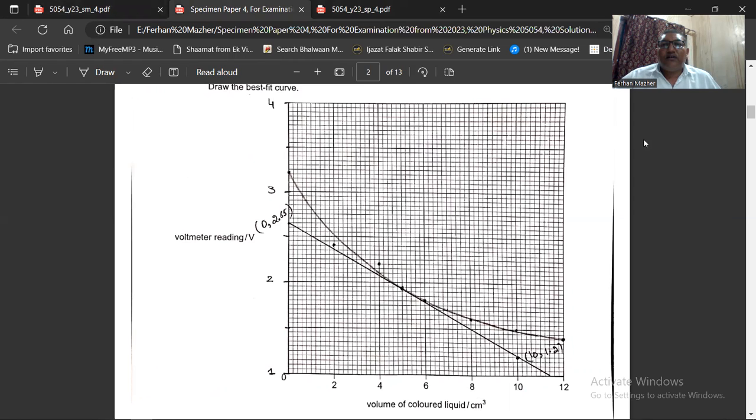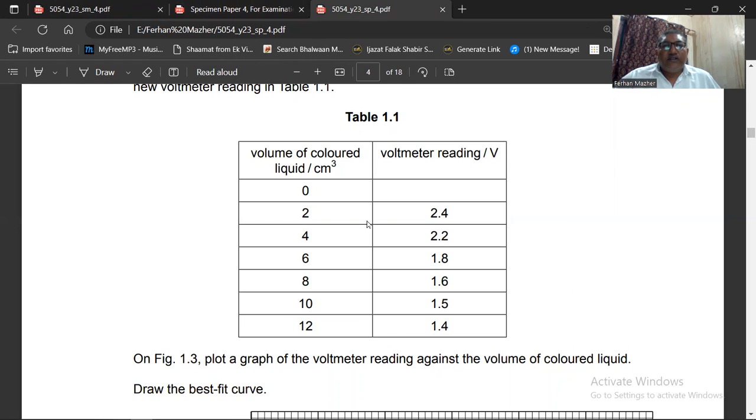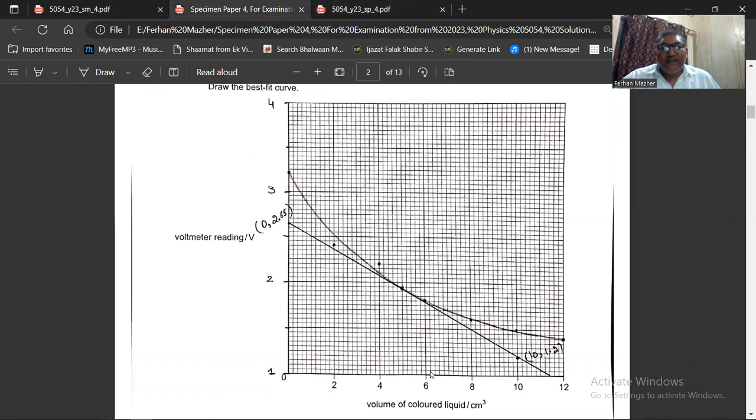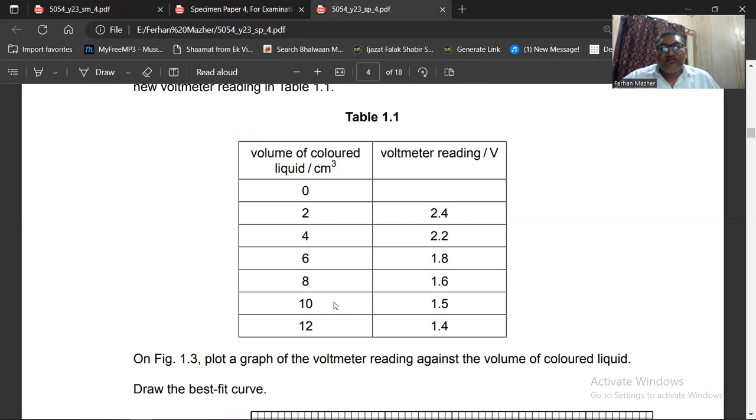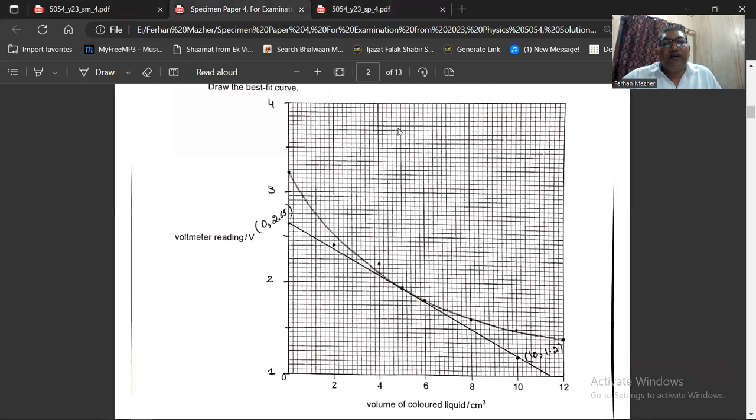Then at 8 you will have 1.6. At 10 you have 1.5, which is this dot.